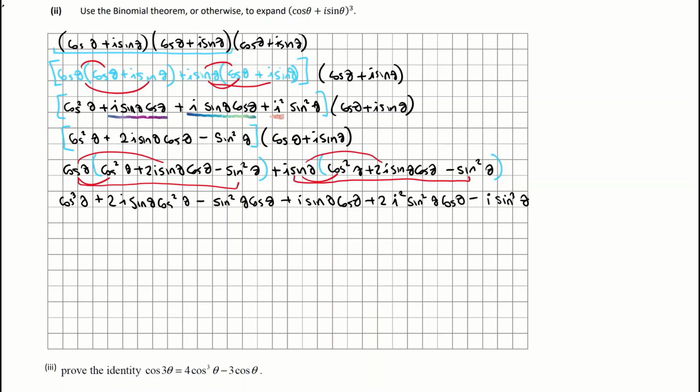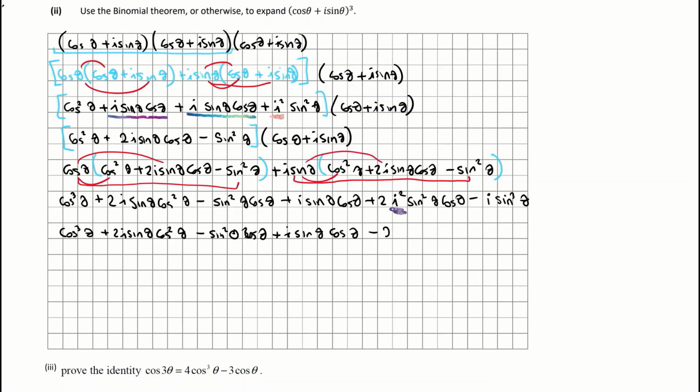Okay, so let's see, can we tidy this up now a wee bit? The only thing I can see there is the i squared here, we can change to a negative 1. So rewriting this whole line is going to give me cos cubed theta plus 2i sine theta cos squared theta minus sine squared theta cos theta plus i sine theta cos theta, and the i squared will become negative 1.